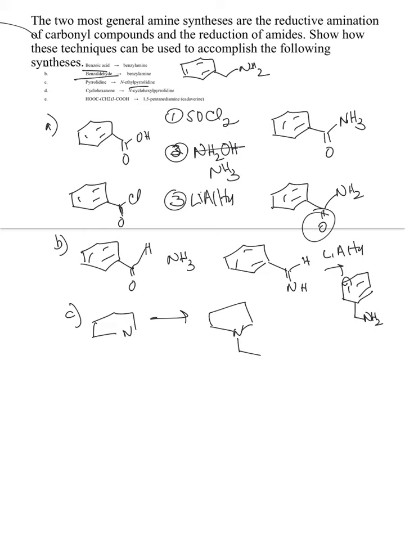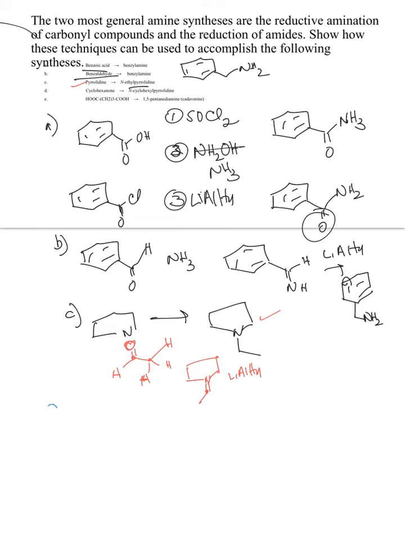So you need to react this with an aldehyde. Okay, and so that's going to make your amine. And then you can reduce it with lithium aluminum hydride, and that will make your product.